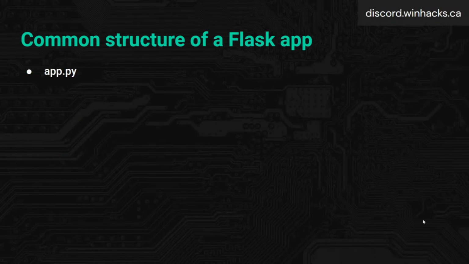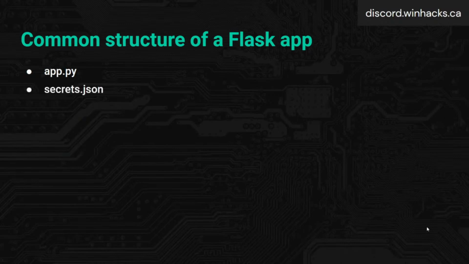Everything can be in this one app.py. When you scale your app, you may turn this into a module, and you'll be able to separate your app into different Python files. But for simple Flask apps, we'll just be using one app.py file.